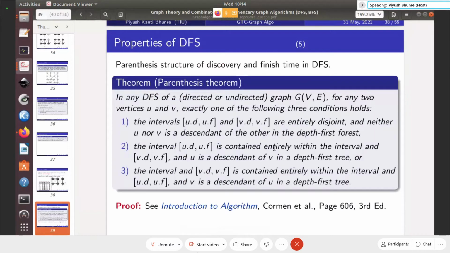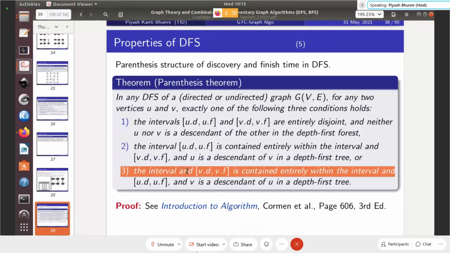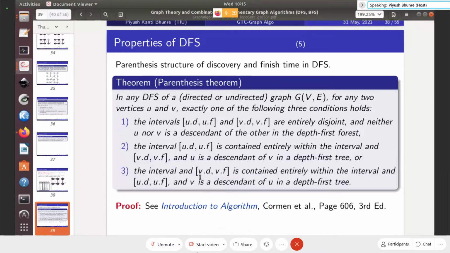So that is one such case. The interval for v is contained totally within the interval of u, and v is a descendant of u.